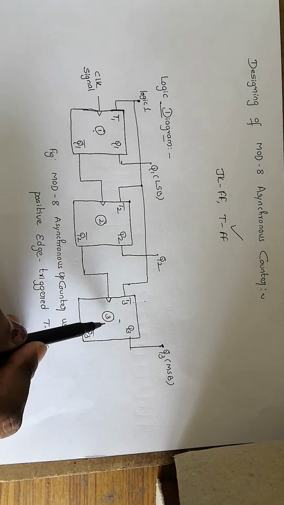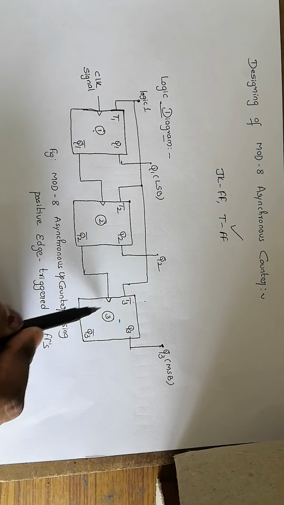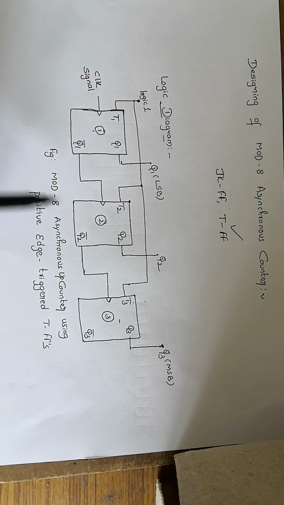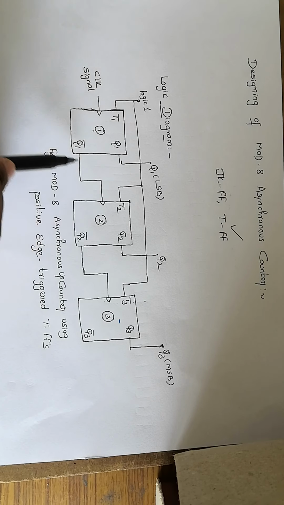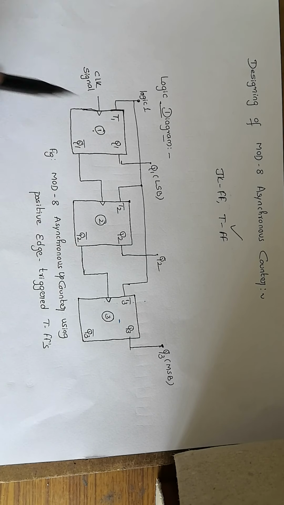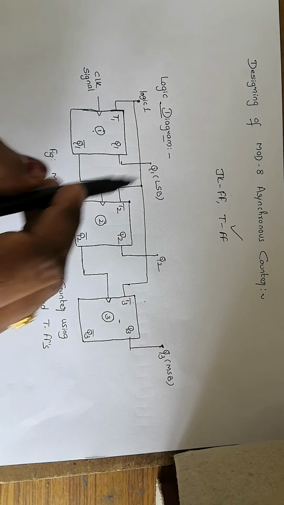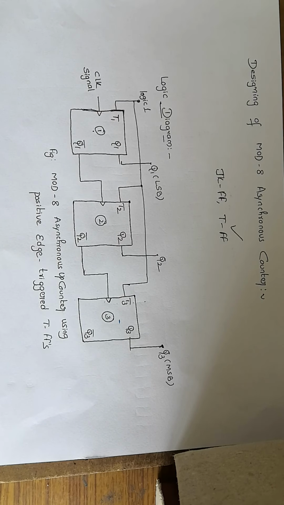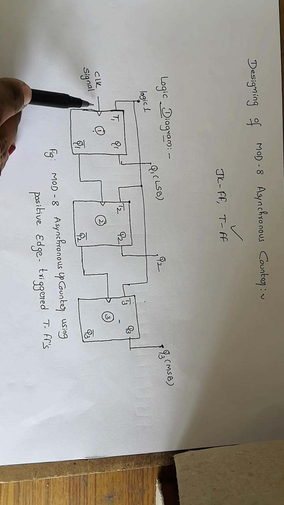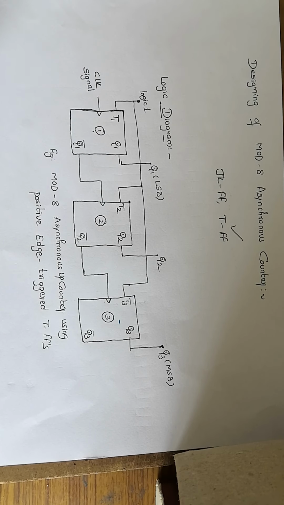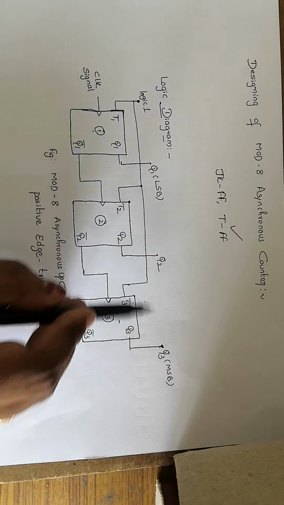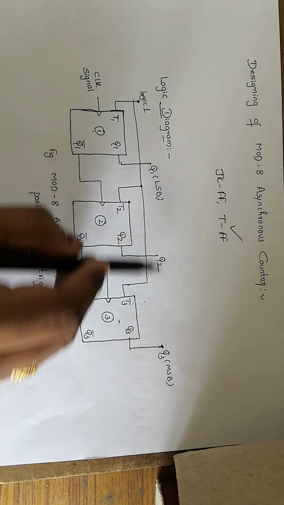So to drive flip-flop 3 you connect Q2 bar, and to drive flip-flop 2 you connect Q1 bar. This is the logic diagram of the modulo 8 asynchronous up counter, using positive edge trigger with 3 flip-flops and 3 outputs.